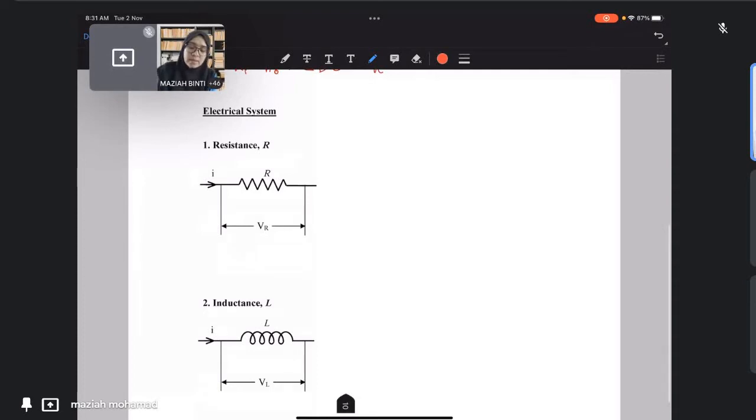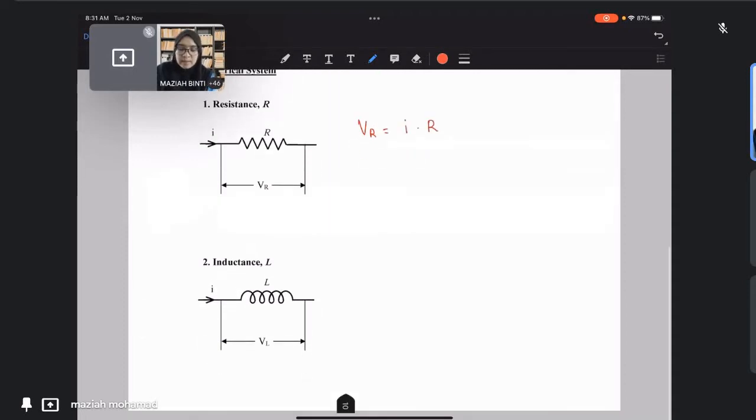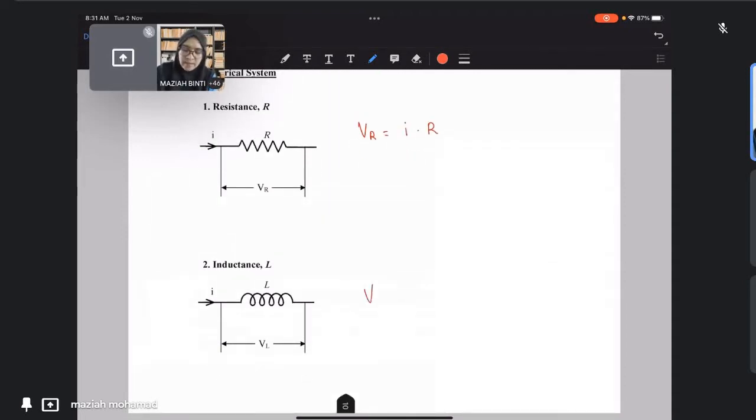For resistance, VR is equal to I multiplied with R, V equal to IR. For inductance, VL is equal to L multiplied with DI over DT.